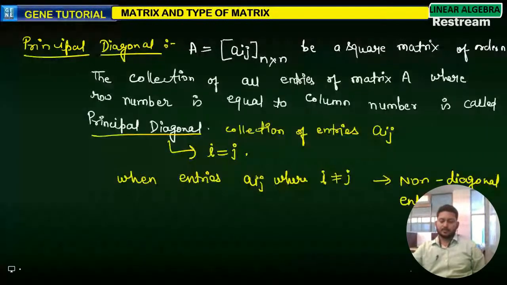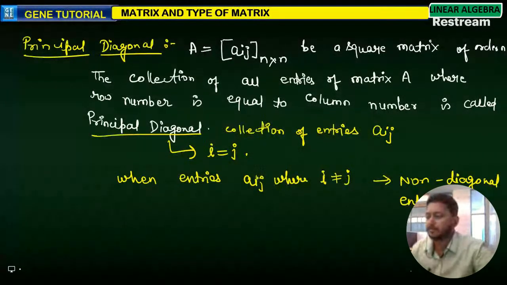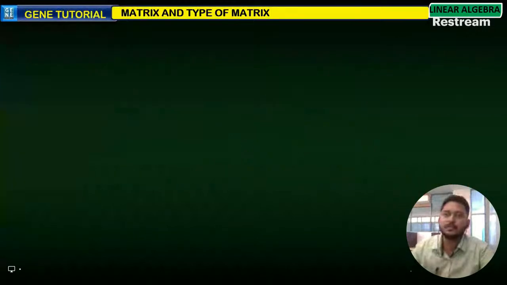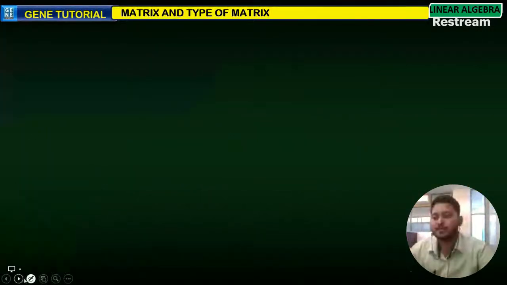Now the next topic is triangular matrices. What is triangular? We divide these matrices into two categories: upper triangular and lower triangular.